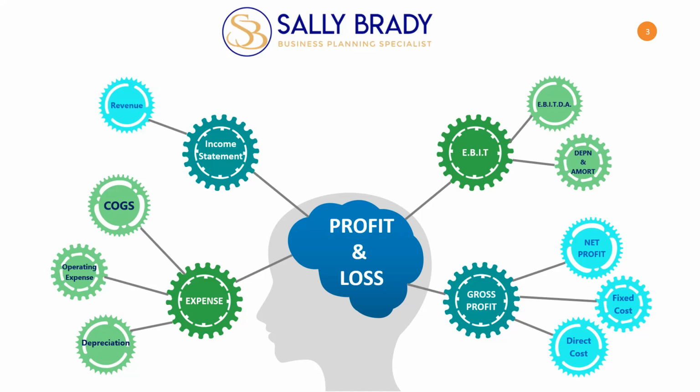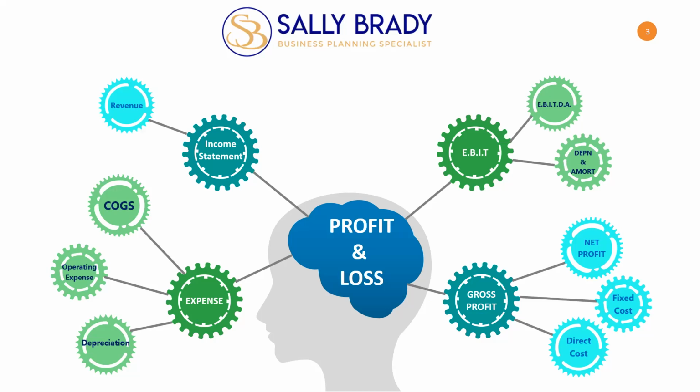Now, EBITDA fits in around this too. So EBITDA is earnings before interest, tax, depreciation and amortization. So that's, again, it comes before net profit because it's the earnings you've made, the money you've made before paying interest or tax or depreciation or amortization.